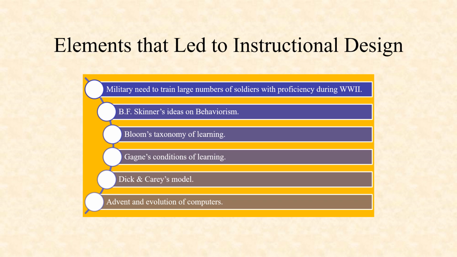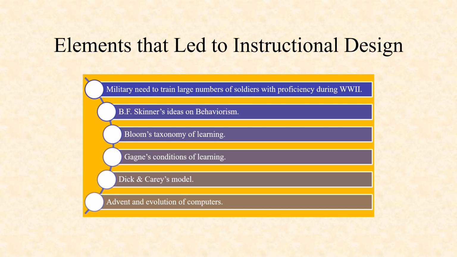For example, from the 1950s and onward, we had people like B.F. Skinner developing ideas on behaviorism and how people learn more effectively. Many teachers are familiar with Bloom's taxonomy of learning that shows how learners move from one level of learning and can scaffold up and move to greater heights with deeper learning of the content.